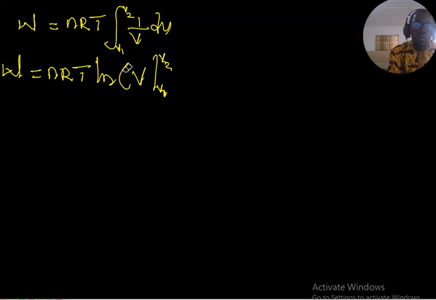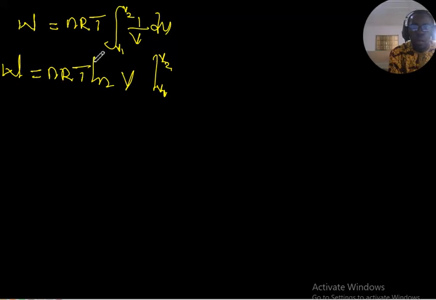Now we take the value of the upper limit and the lower limit, so I can have it as ln V, as we go from V1 to V2.